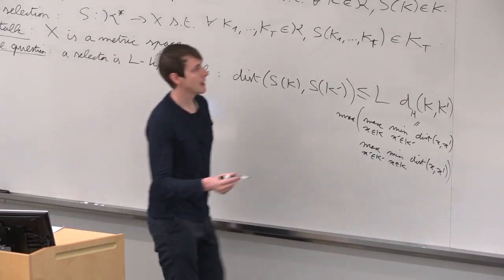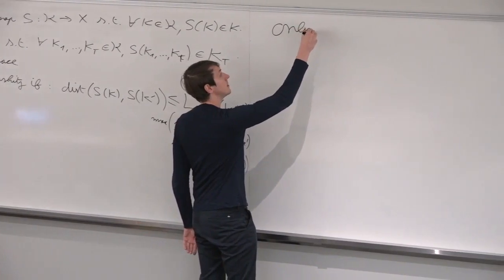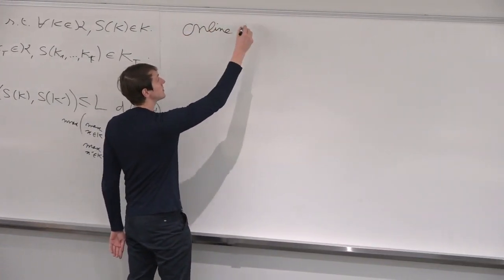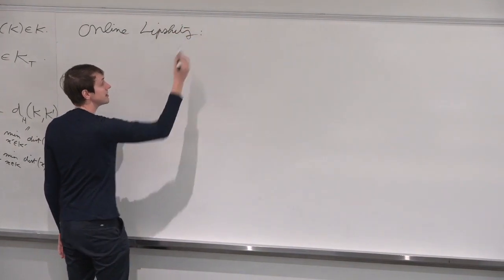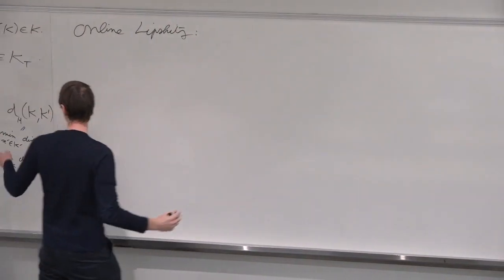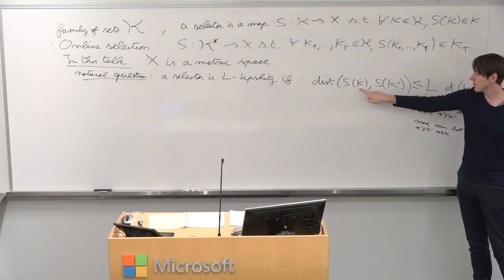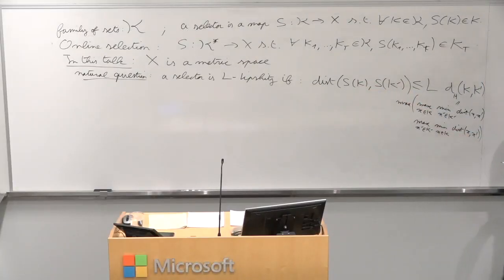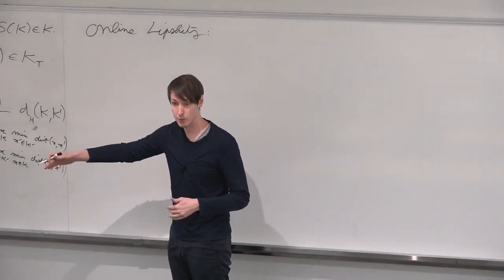So now I'm going to say that your online selector is online Lipschitz. So now I think of this as a distance I travel to satisfy K and then satisfy K prime. So now I'm just going to look at how much I move to satisfy the sequence K1 up to KT.